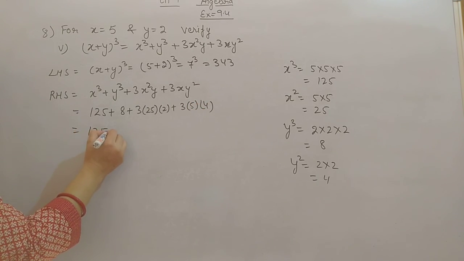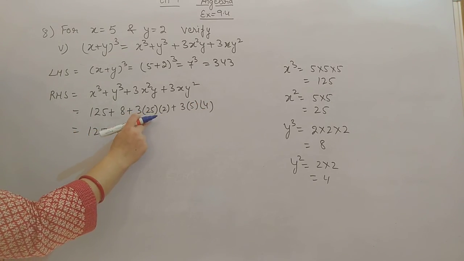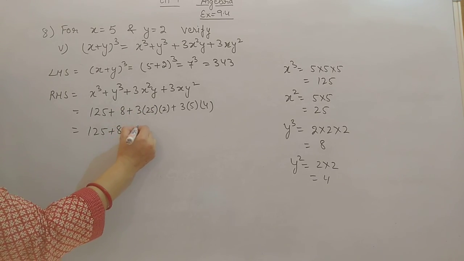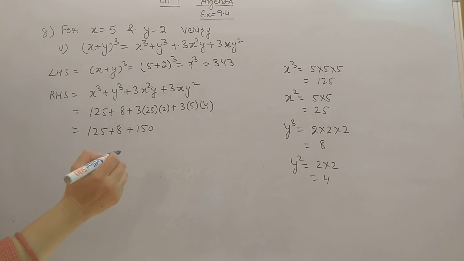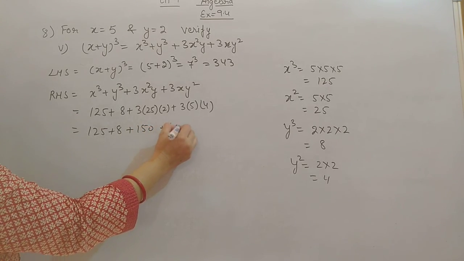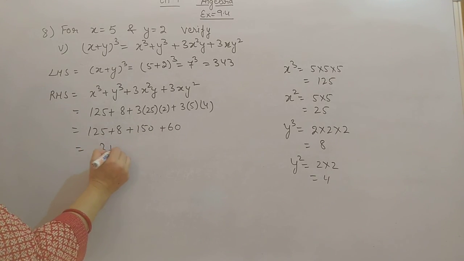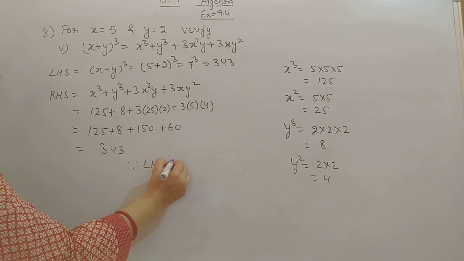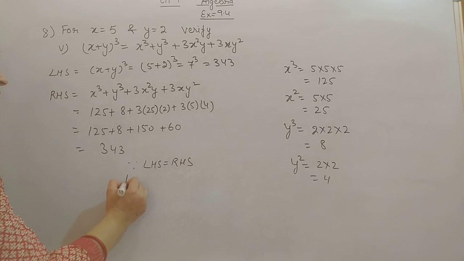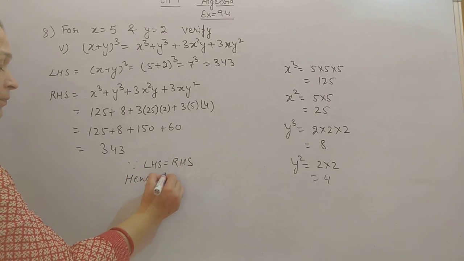So 125 plus 8, 3 into 25, 75, into 2, 150. 3 into 5, 15, and 15 into 4, 60. Add everything, you will get 343. So because left side is equal to right side, hence verified.